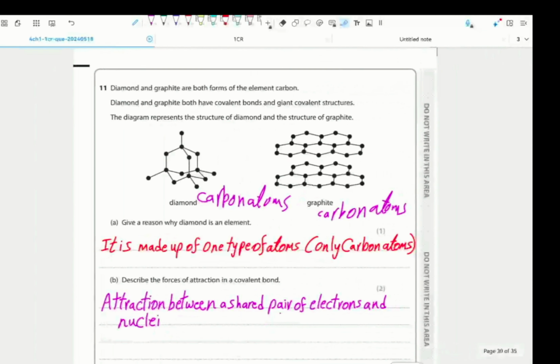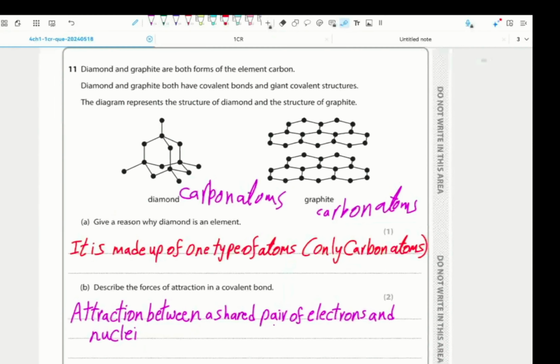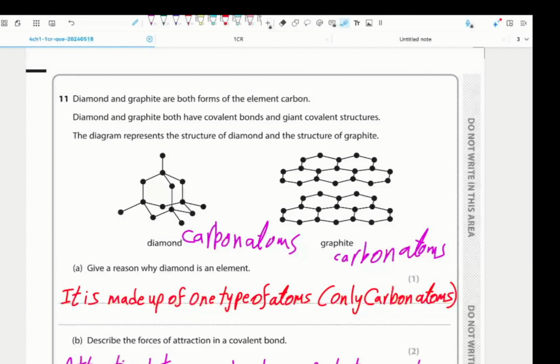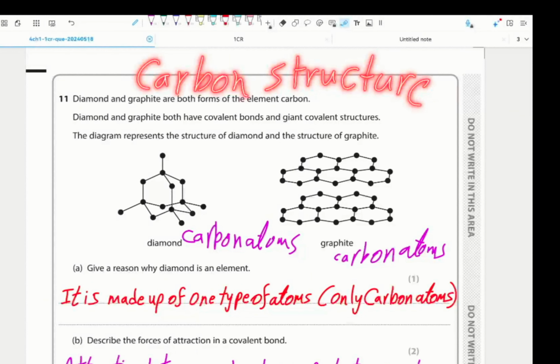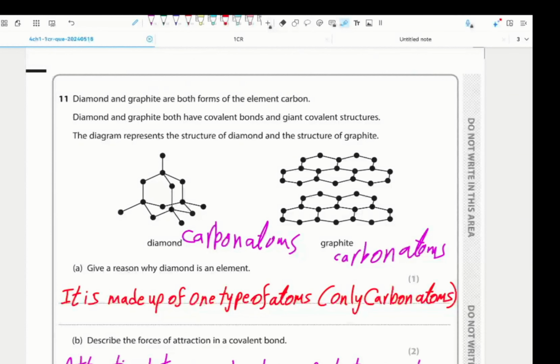Now, my friends, let's go to question 11. Question 11 needs a little bit of concentration, so let's pay attention to it. This question is generally about carbon structures. As you know, some elements like carbon have different structures depending on pressure and temperature.